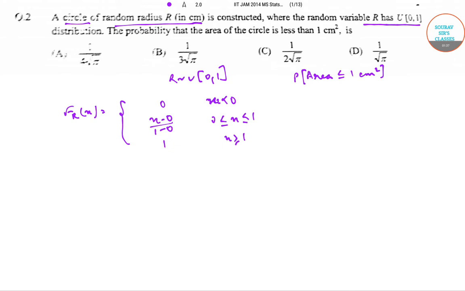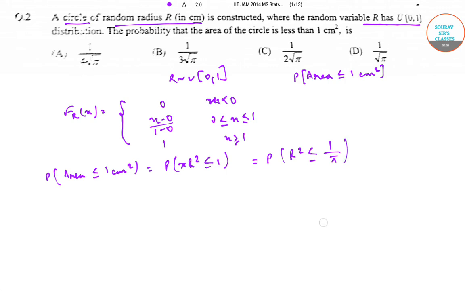Now, probability that the area is less than 1 centimeter squared is equal to probability pi r squared less than or equal to 1, is equal to probability r squared less than or equal to 1 by pi, and thus probability r less than or equal to 1 by root pi, which comes out to be the cumulative distribution function F_r at 1 by root pi.